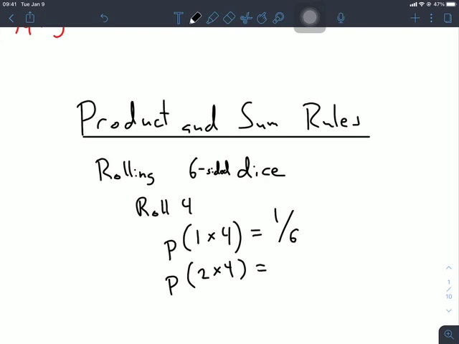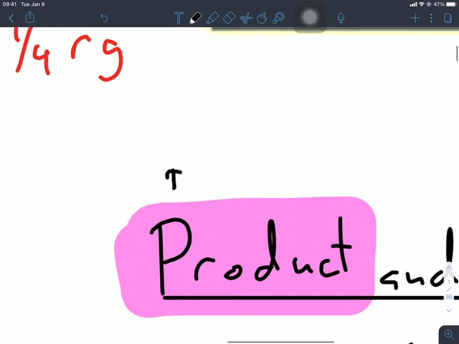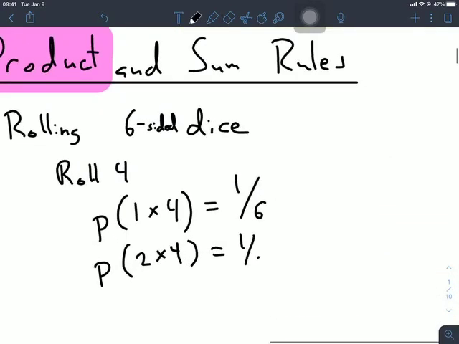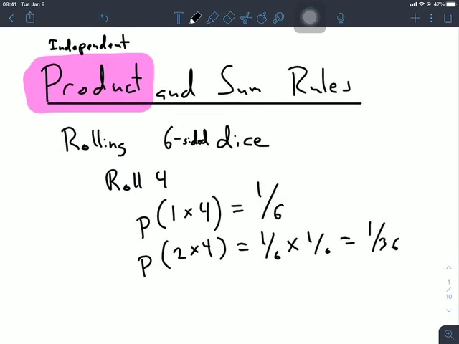Because they are independent events, we use the product rule. This means that you want the 1/6 chance on the first dice times the 1/6 chance on the second dice, giving you a 1/36 chance overall.